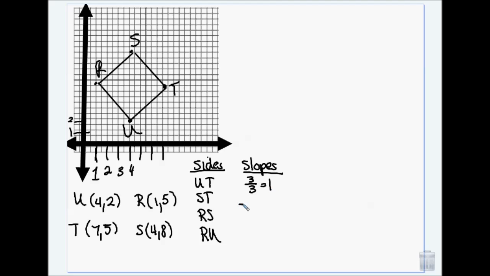So I went down 3 and then over 3, so that's -1. RS, up 3, over 3, so that's 1. And then RU, down 3, over 3, so that's -1. So those are my slopes, 1s and -1s.